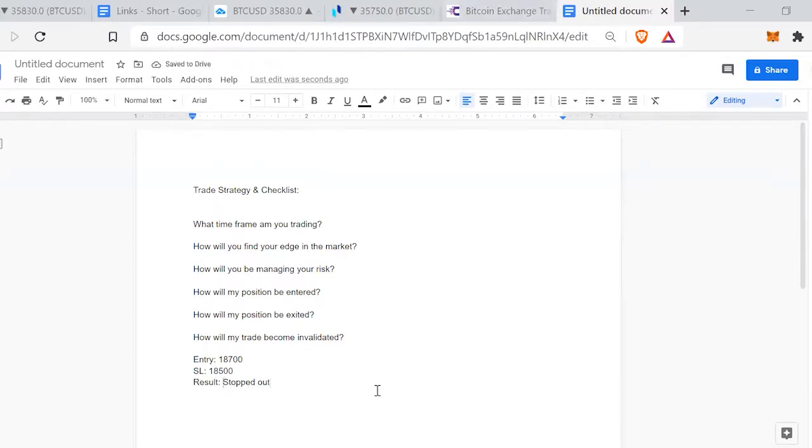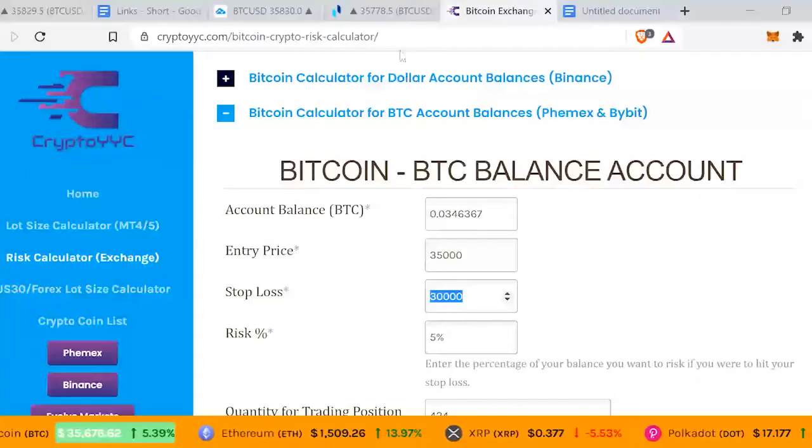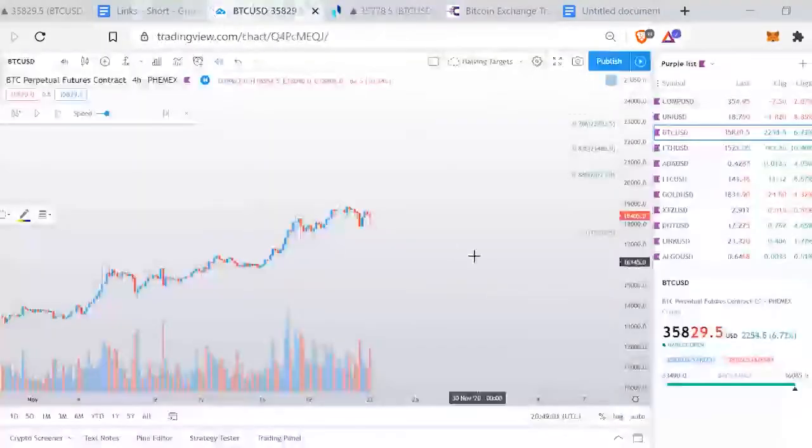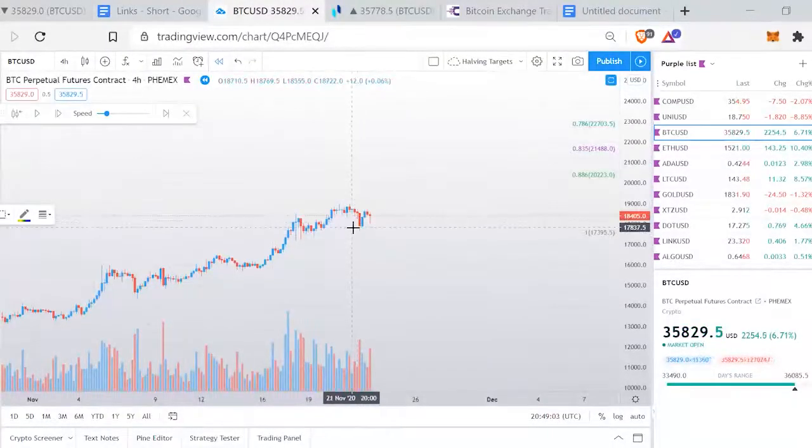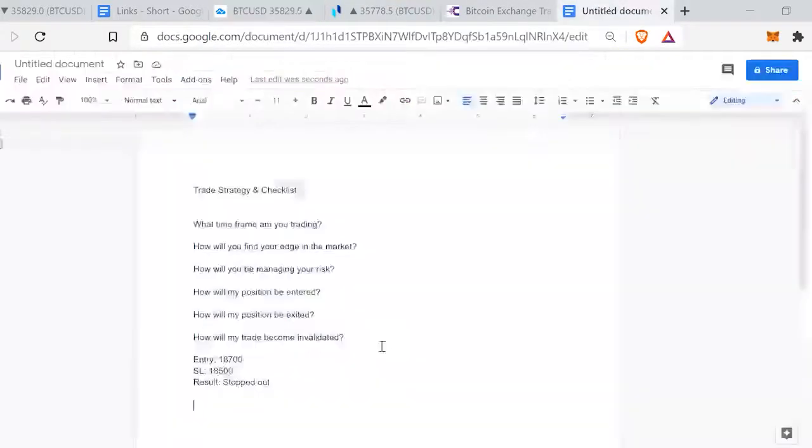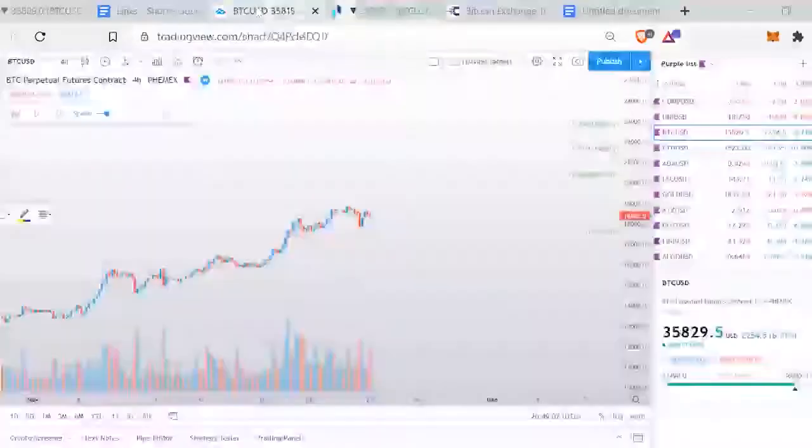And then you could do it again for the next one. Did the trade invalidate? It doesn't look like it invalidated. If we set this zone right here, then we would have re-entered again. You would write out entry again at 18,700, SL 18,000. Write the result. And so what happened the next time?